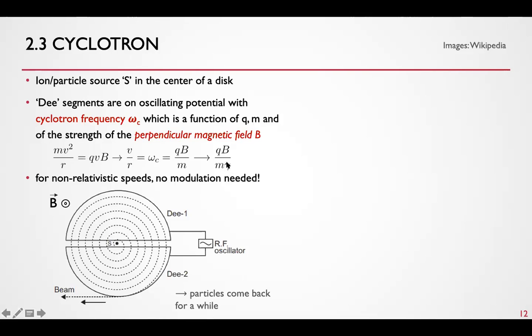The gamma factor at rest is 1, and when you approach the speed of light, it becomes very large. So the frequency becomes lower than it would be in the non-relativistic calculation.